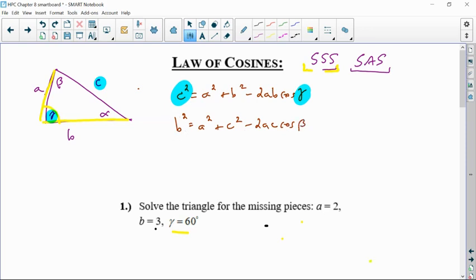Beta. Or there's no reason why I couldn't have said a squared is equal to b squared plus c squared minus 2bc cosine of the angle opposite a, which is alpha.